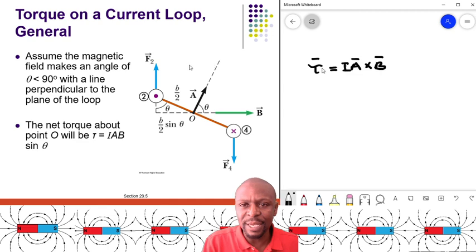Now, if we want to write the magnitudes of this, the torque is just given as the magnitude of current, magnitude of the area, times B, times the sine of an angle between them, as it is a cross product of two vectors. So that's the equation that you are seeing here. It must be multiplied by the sine of an angle of theta.